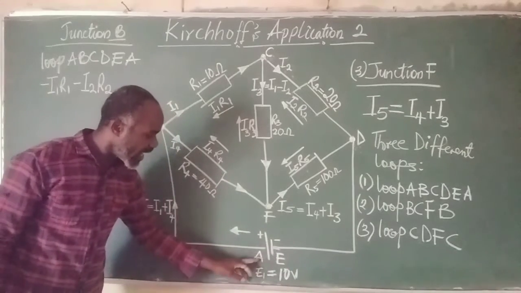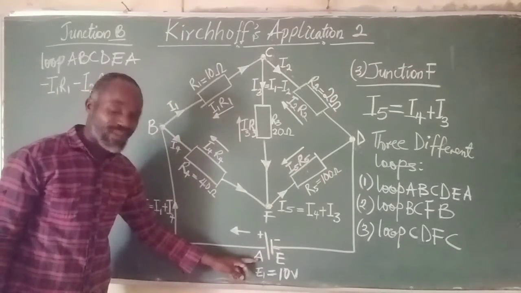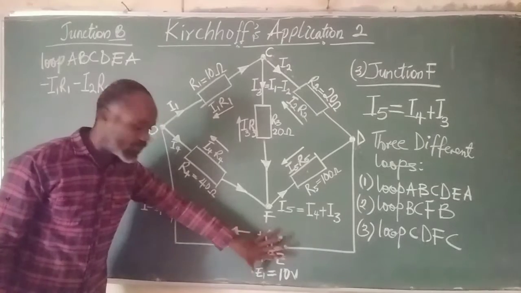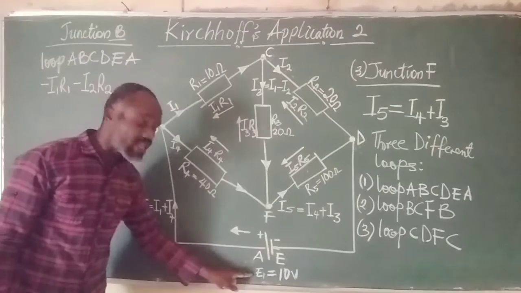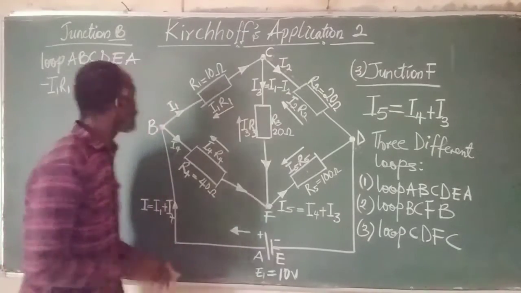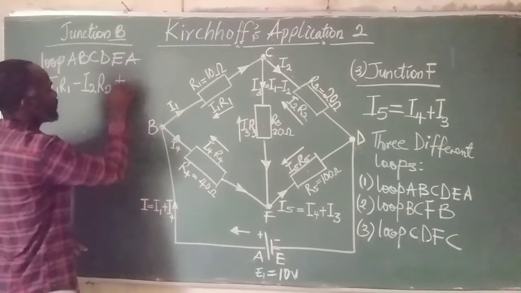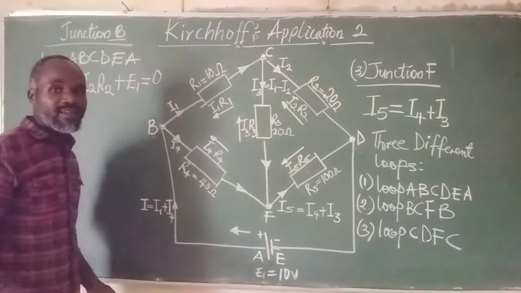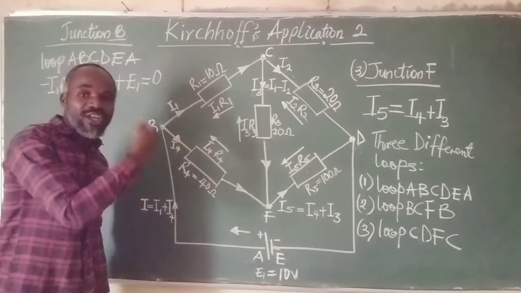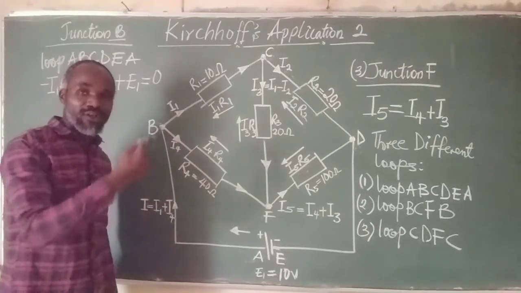This is EA. Back to where we started. But this EMF, because it's in the same direction, is going to assume plus E1, all equal to 0. This is according to Kirchhoff's laws.